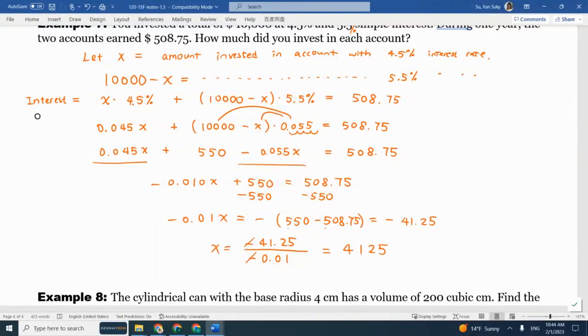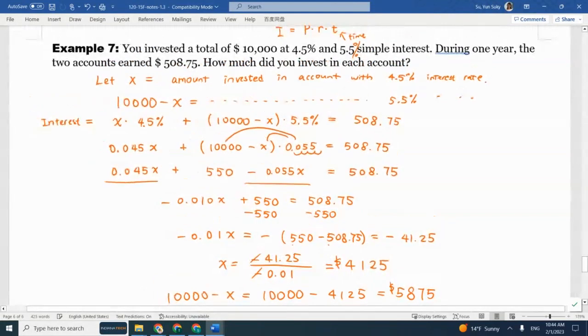So we put that much money in the first account. How about the other account? What's 10,000 minus 4,125? 5,875? Yes, okay. So then we finished this example 7.